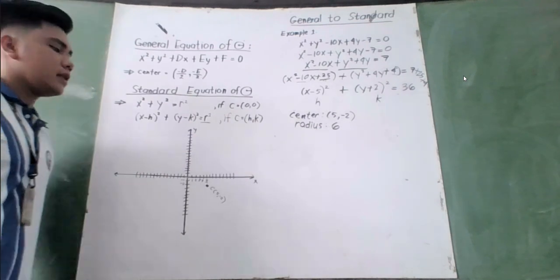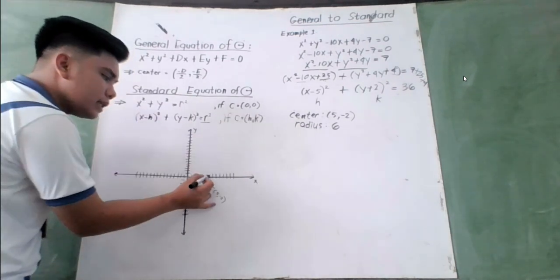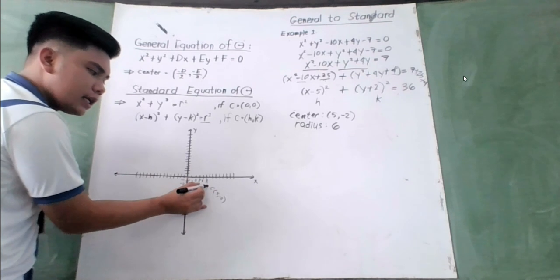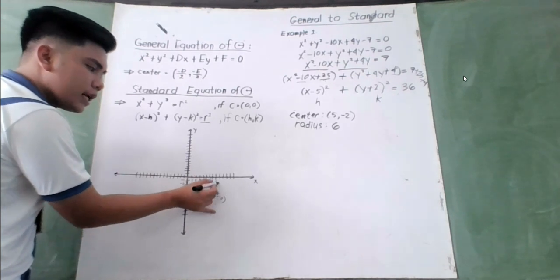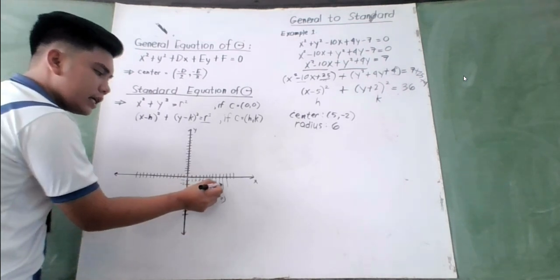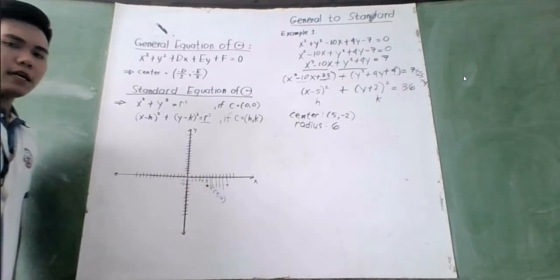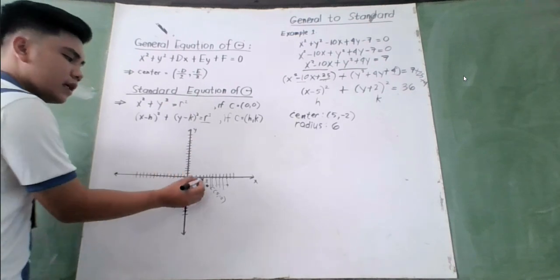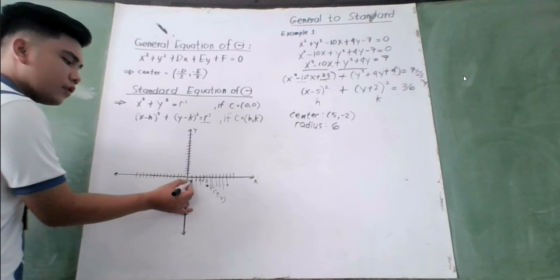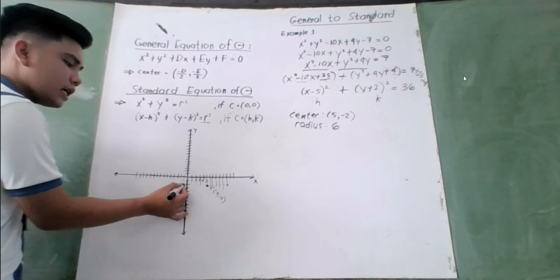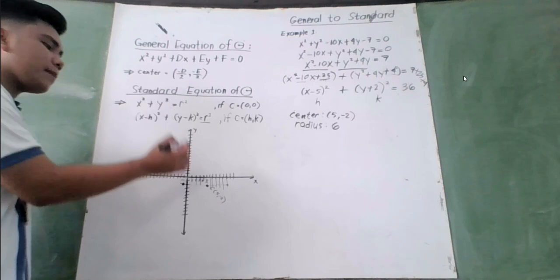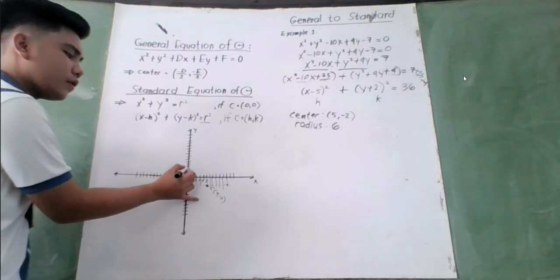Radius is 6. So going to the right, starting here, 1, 2, 3, 4, 5, 6. And connect, straight line. To the left, starting from the center, 1, 2, 3, 4, 5, 6. So this is now the second vertex. How about going up? 1, 2, 3, 4, 5, 6.